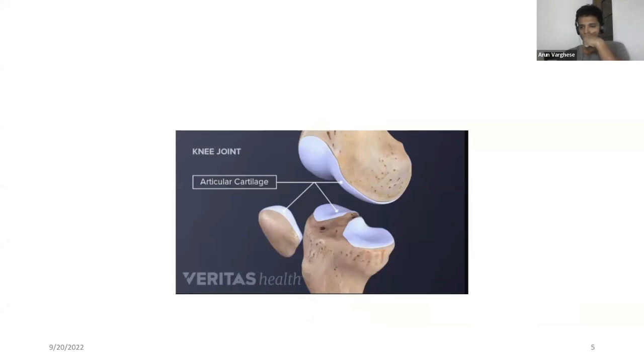So what's the primary pathology, or how does it occur? You can see these are cartilages, right? Primarily the loss of cartilage is the central pathology for any osteoarthritis.